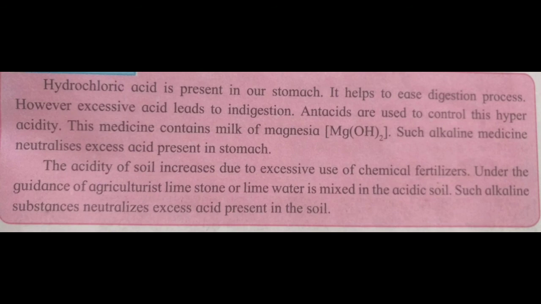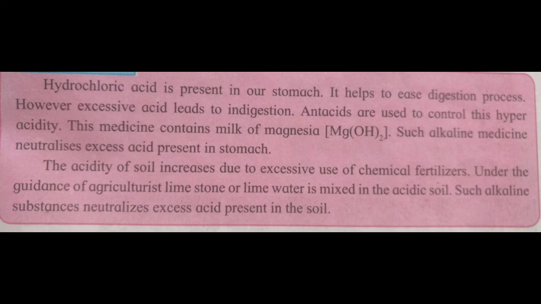The acidity of soil increases due to excessive use of chemical fertilizers. So under the guidance of an agriculturist, means the person who is an expert of agriculture, who studied BSc agriculture, limestone or lime water is mixed in the acidic soil.